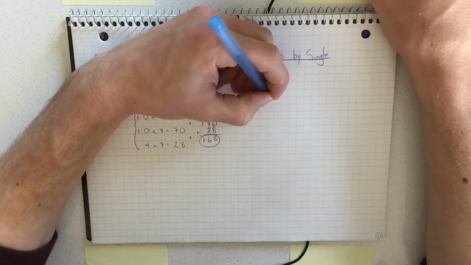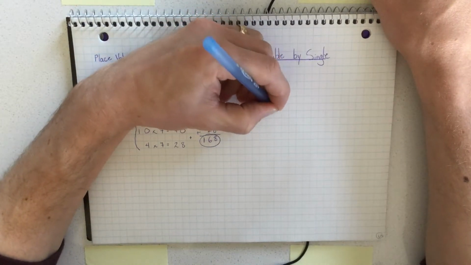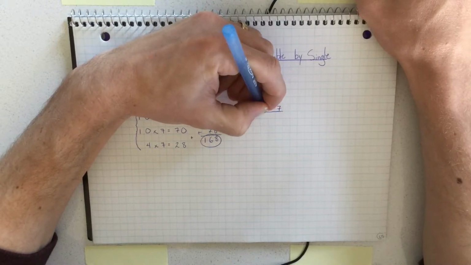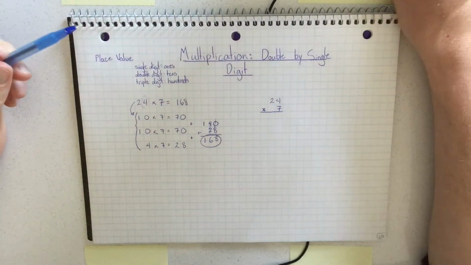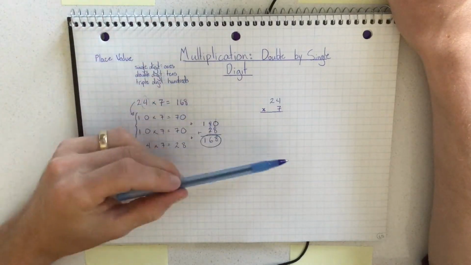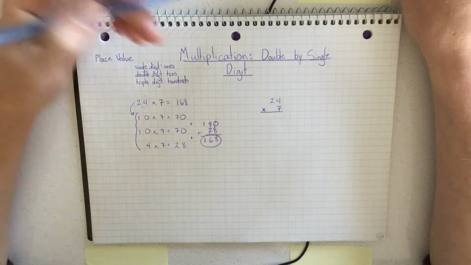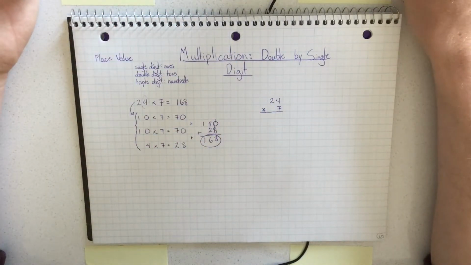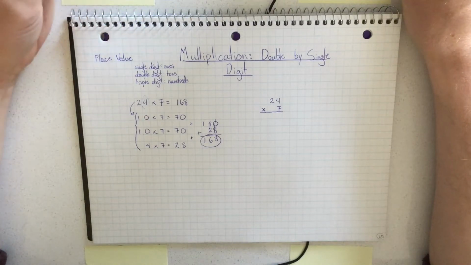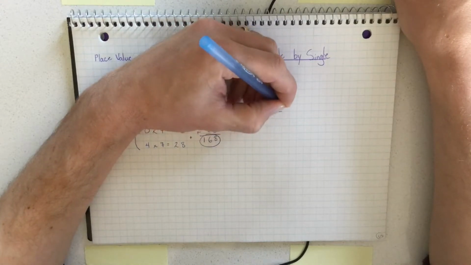This time, I'm going to write the same problem, but I'm going to rewrite it vertically. Unlike reading, when we start off with a vertical math problem in terms of addition or subtraction or multiplication, you'll be starting on the rightmost column.